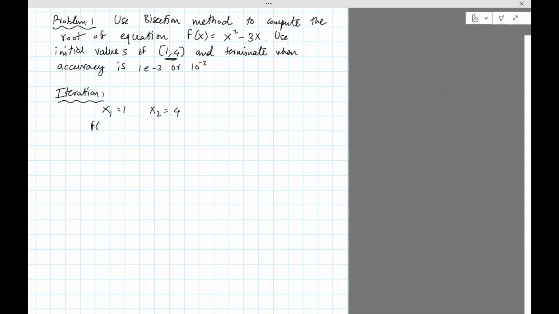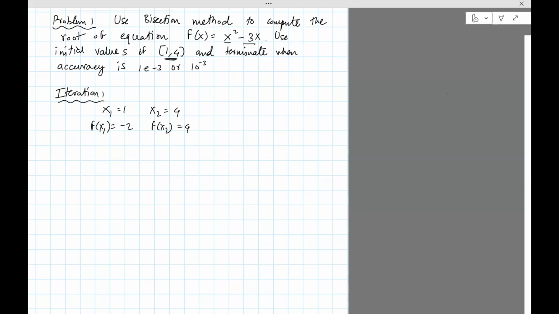I need to compute f of x1. So just put 1 in this equation, you get -2. And put x2 in this equation, you get 16 minus 12, which is 4.